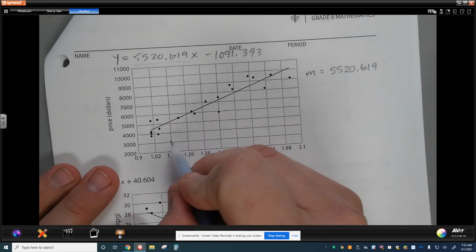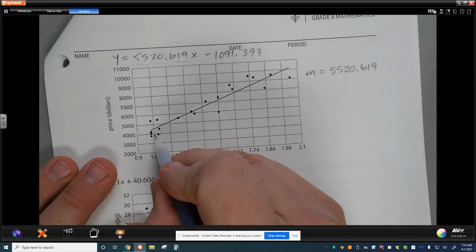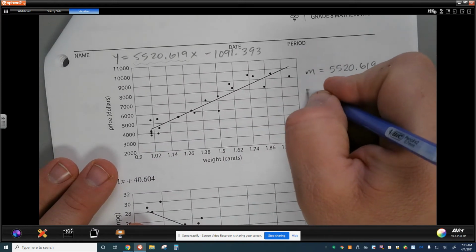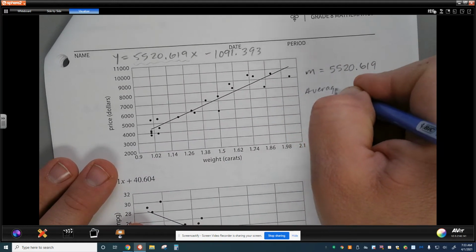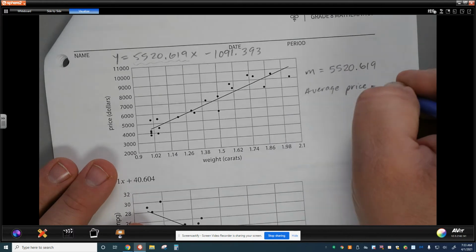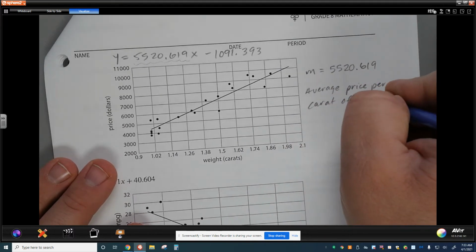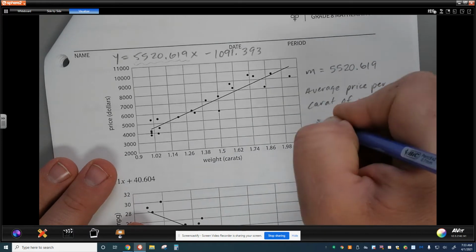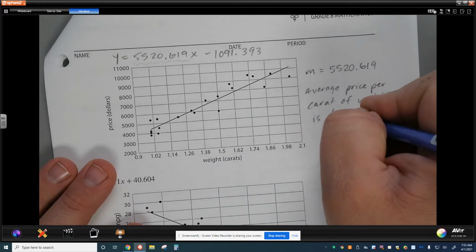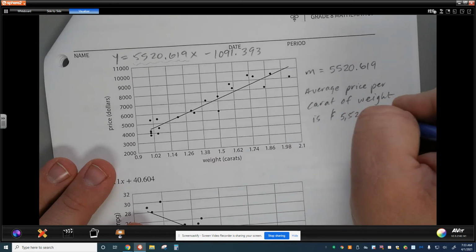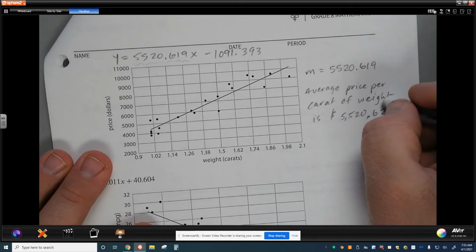What we could say is that the average price per carat of weight is $5,520.62.